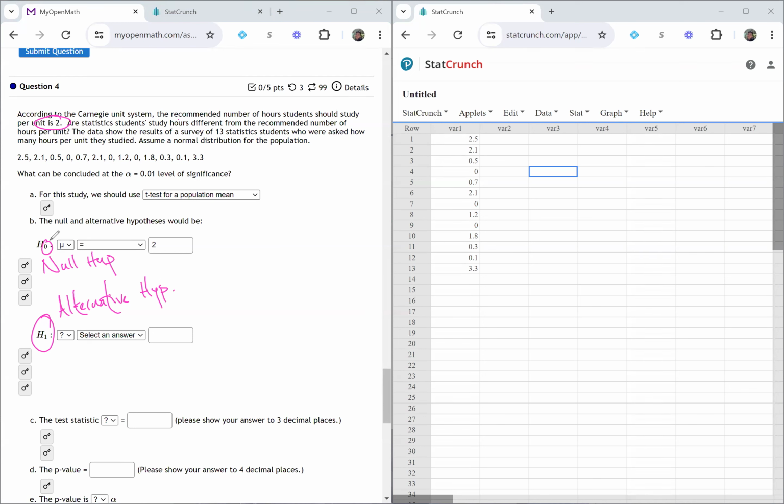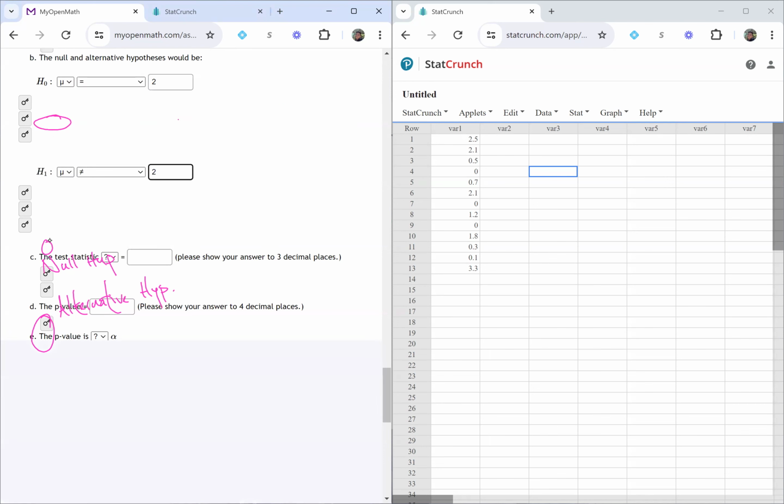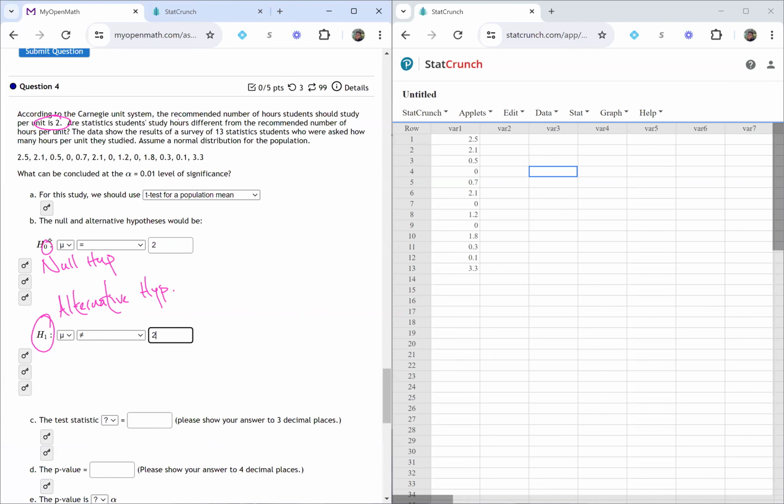We're just saying that we want to know, are the statistics students' study hours different? All that means is that our mu is not going to equal 2. It doesn't really matter whether it's bigger than 2 or less than 2. We're just saying, is it going to be different than 2? Okay.